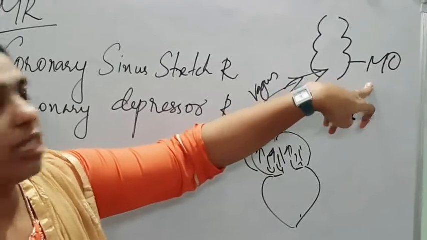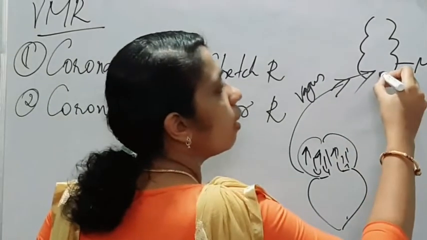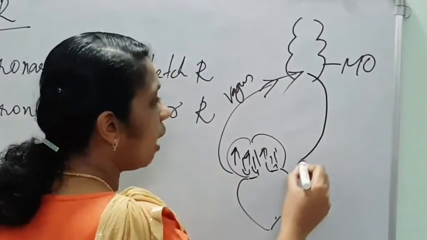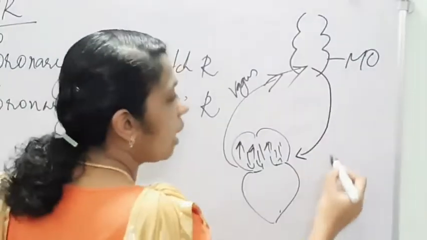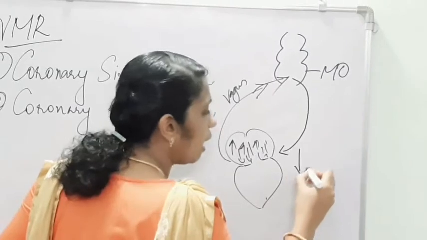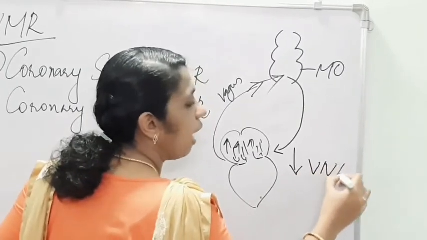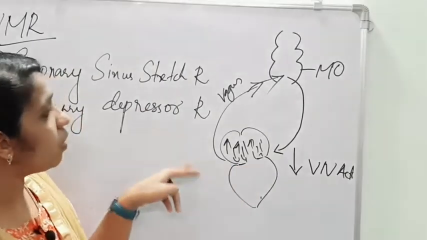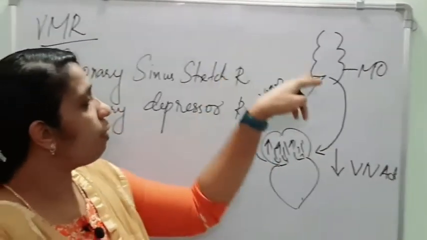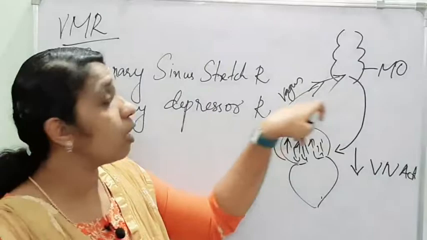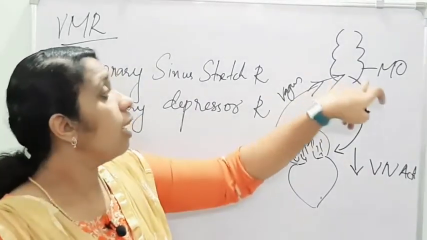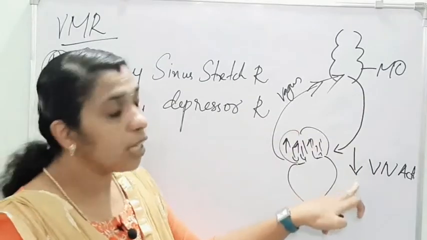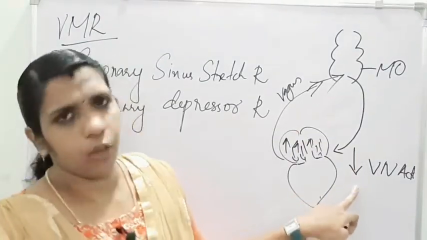Then the efferent signal from the medulla oblongata will be decreasing the vagal nerve activity. You understand? The afferent fibers carry the reflexes towards the medulla oblongata through the vagus, and the efferent signal from the medulla oblongata will be reducing the vagus nerve tone.